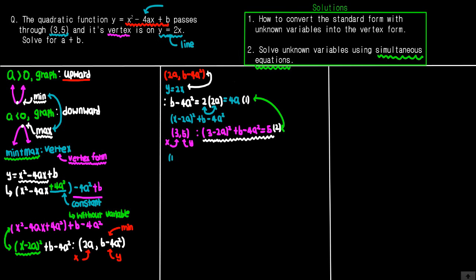Firstly, for the term b minus 4a squared is equal to 4a, we can just move our 4a to the other side in order to isolate every single term on the left side, which is going to be negative 4a squared plus 4a plus b, so it should be minus 4a plus b equal to 0.